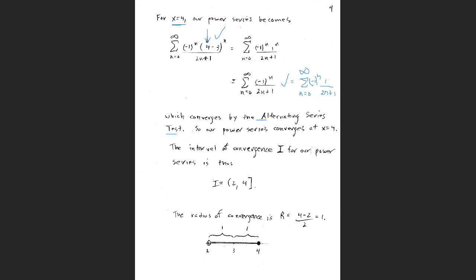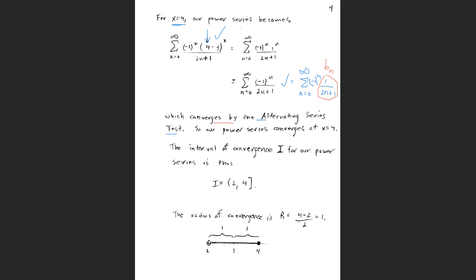And it's clear that the 1 over 2n plus 1, that part of the coefficient, which we call d sub n, decreases with n, and it approaches 0. So our series will converge by the alternating series test, because those are the two conditions that tell us when an alternating series converges. Okay, the alternating series test was just in section 8.4, right?